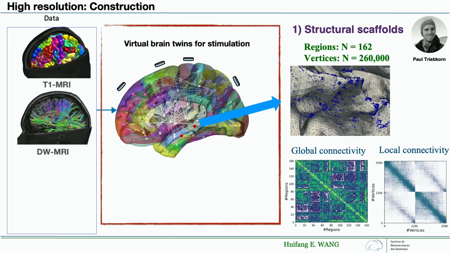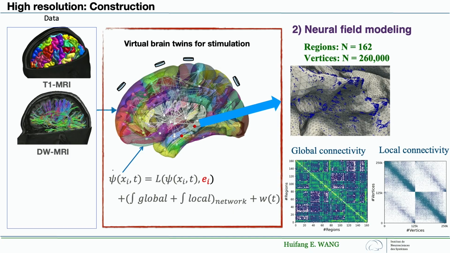These are white fiber tracks. From this geometry of the patient, we build up the local connectivity. So we consider all this anatomical information for this patient, and we build the virtual brain models here.